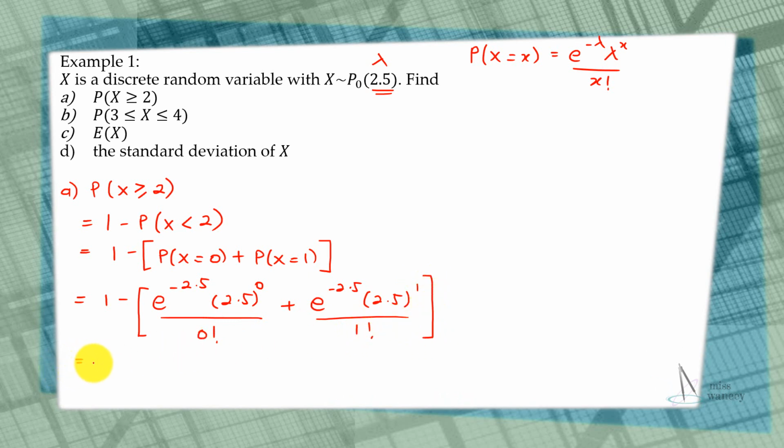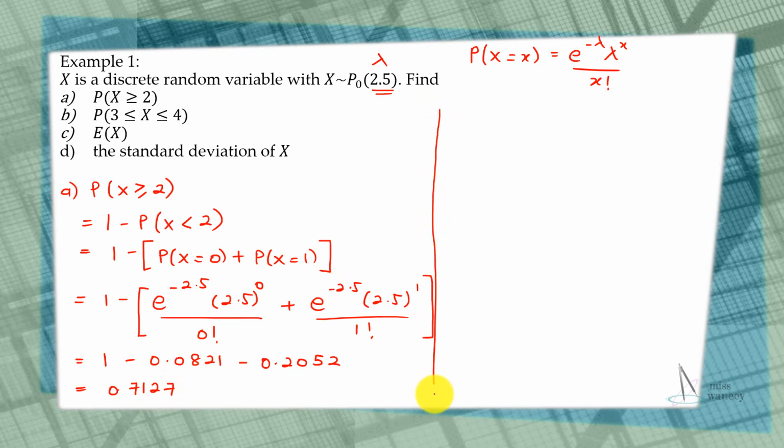And then once you use your calculator, this is simply 1 minus 0.0821 minus 0.2052, hence this is simply 0.7127. Okay, so that is A.